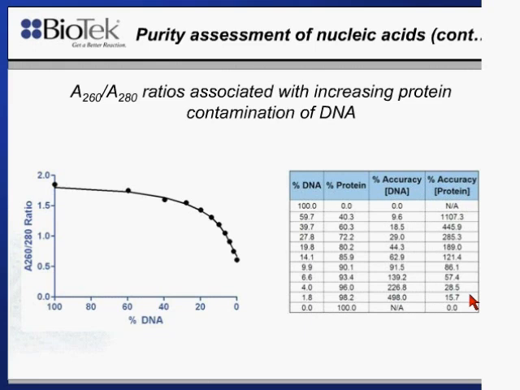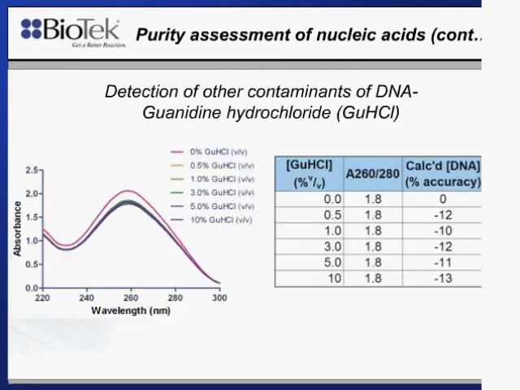So if we think about some of the other contaminants, this question comes up quite a bit. Some of the typical things that you might use to purify DNA, such as guanidine hydrochloride or phenol, what sort of effects do those have on quantification, and can you see those using a 260/280 ratio?